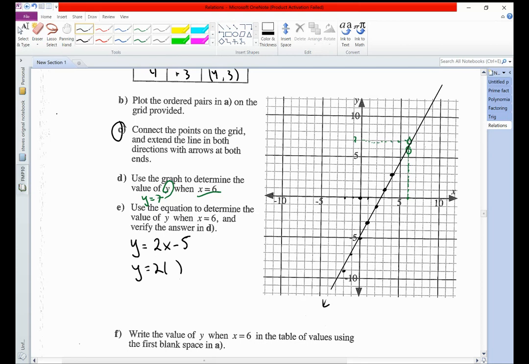Y is equal to 2, we put our 6 there, minus 5. 2 times 6 is 12, minus 5, which is y is equal to 7. So this would have told us that our line was incorrect, but I knew that because I had the answer key. Awesome.